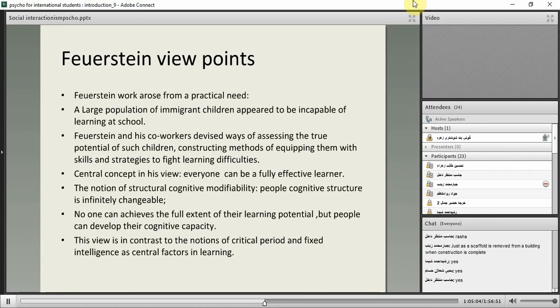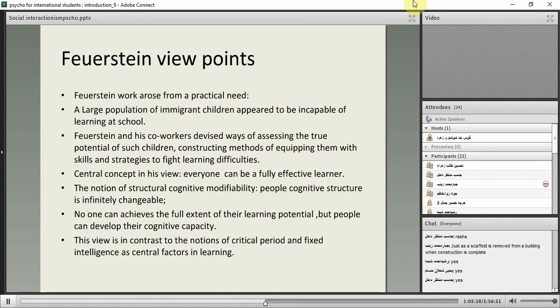And the central concepts... a fully effective learner, right?